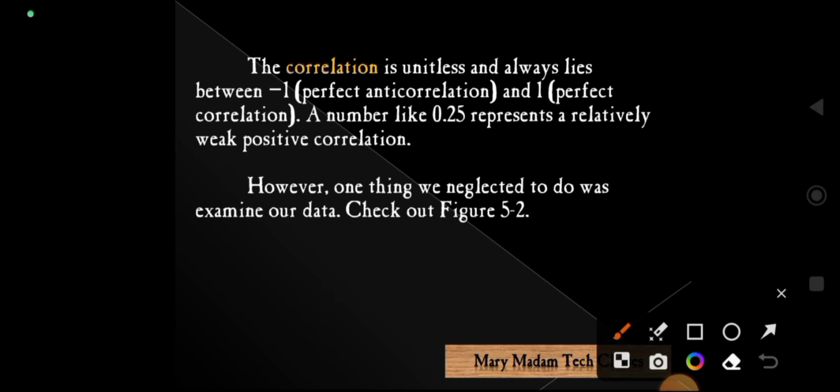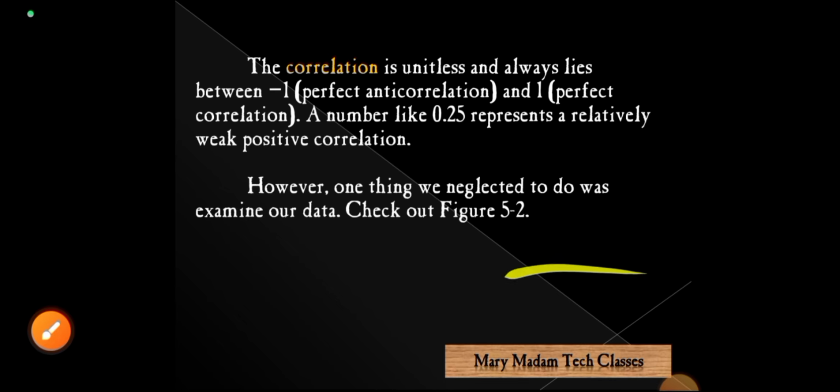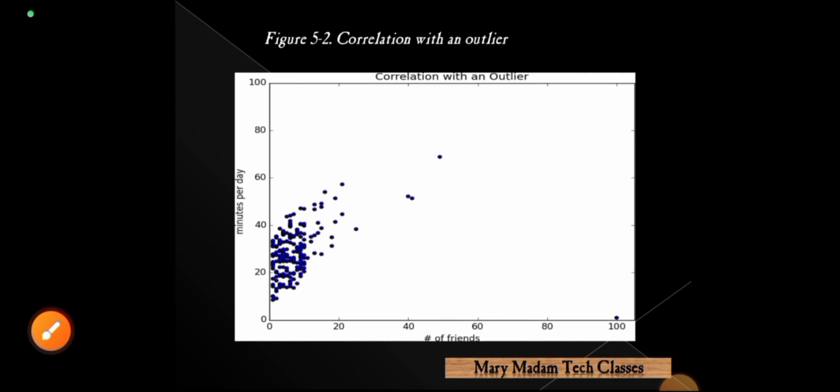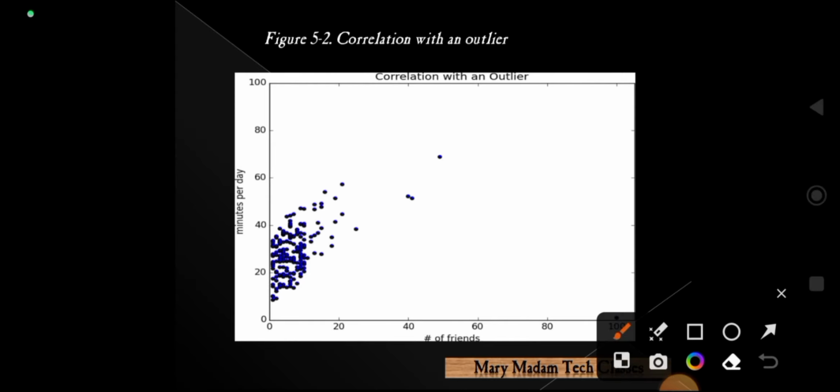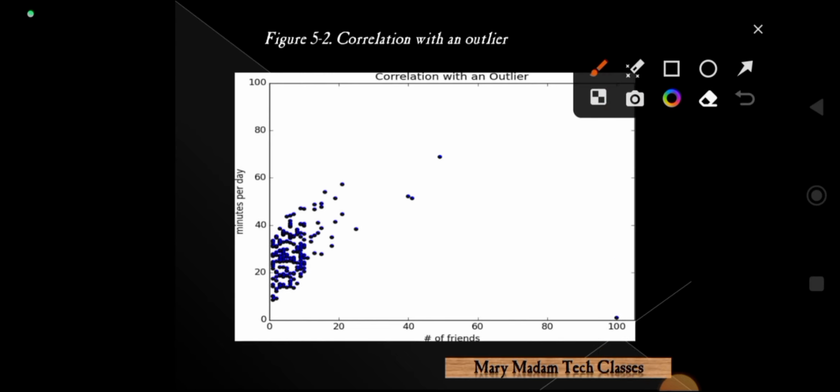However, one thing we neglected to do was to examine our data. If you check our figure 5.2, the correlation with an outlier. Where is the outlier? Outlier is at index 100. Just now we discussed number of friends and minutes per day.